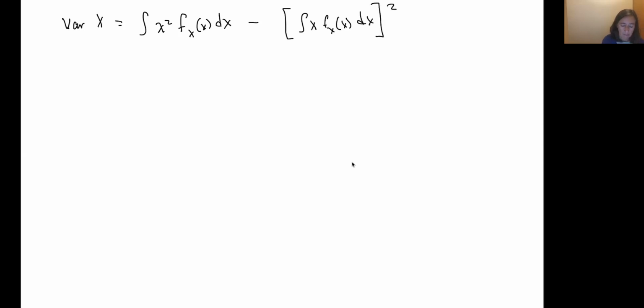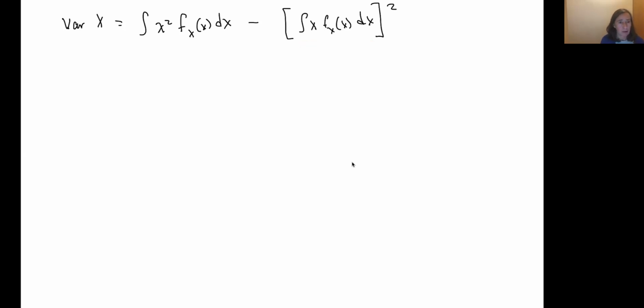So the variance of X is going to be the integral of x squared times the PDF, minus the expected value squared here. Okay, well, this is cool.